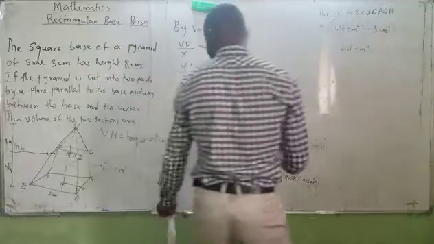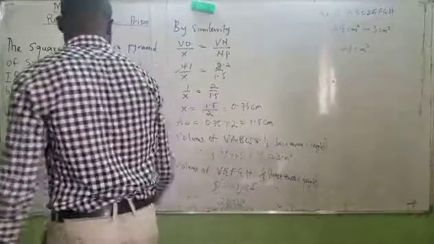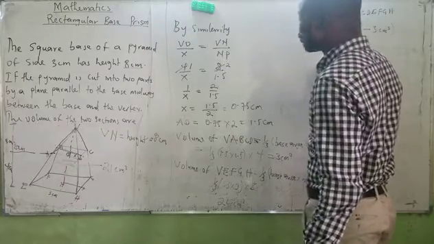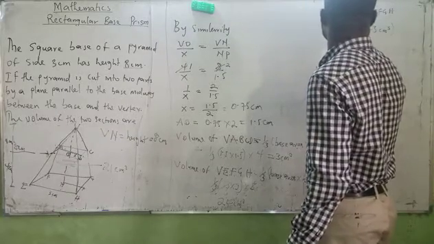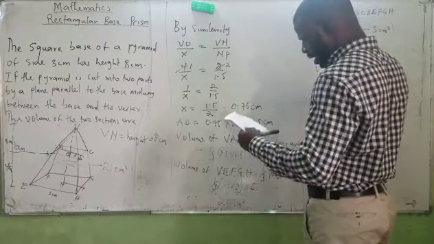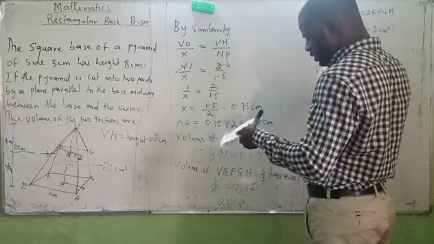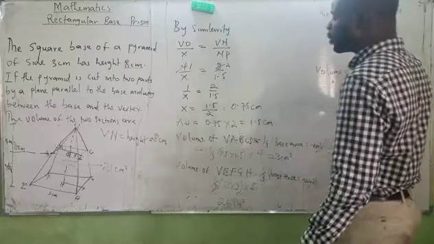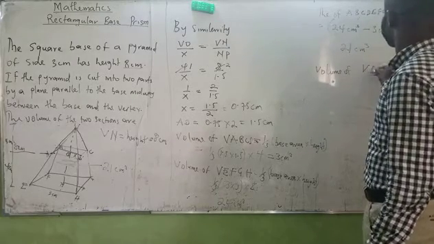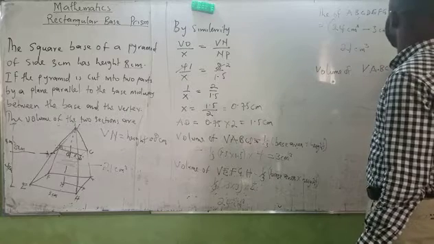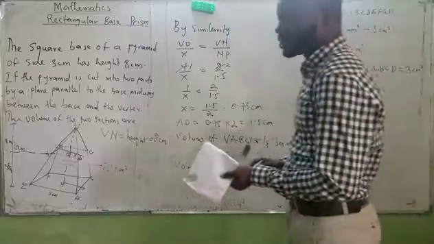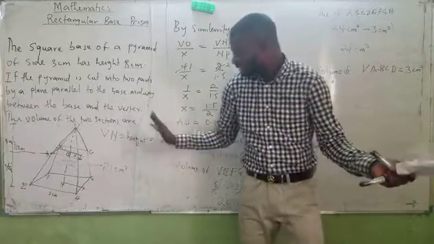The volume of the second section, V A B C D, will be equals to 3 centimeter cube. That is what we are asked to find. That is all. Can you see?